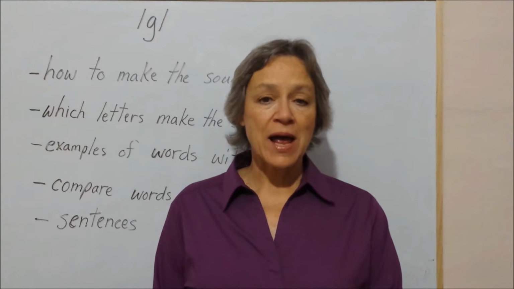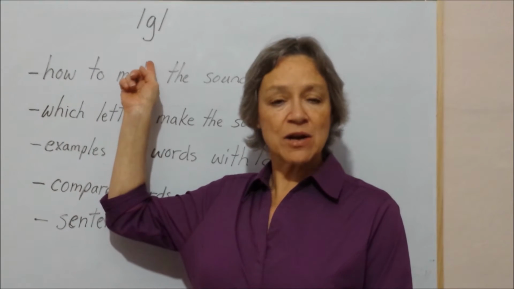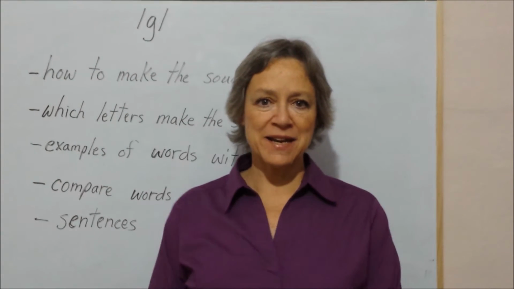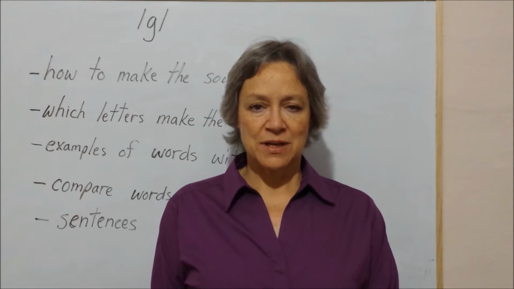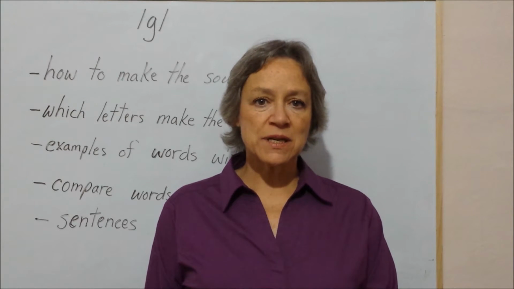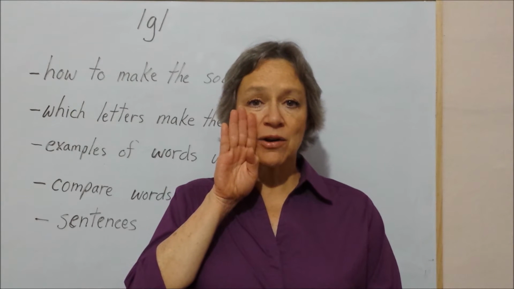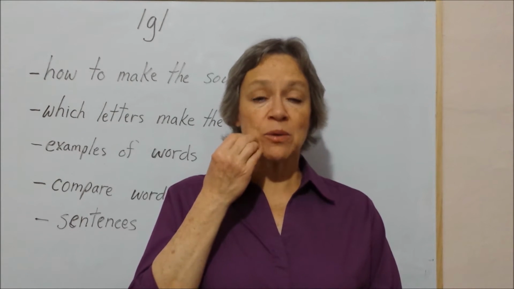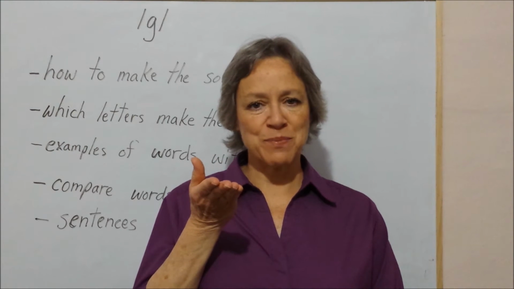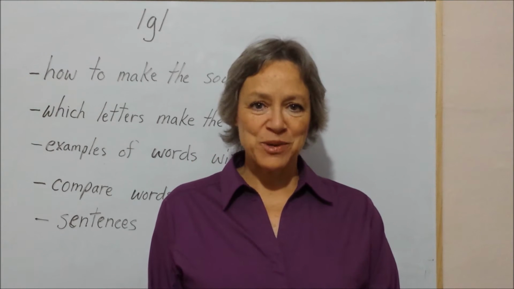I would like to talk about how the sound G is made. The sound G is a stop sound. That means that we momentarily stop air from coming out of our mouth, and then when we release the air, the sound is made. So how do we stop the air?